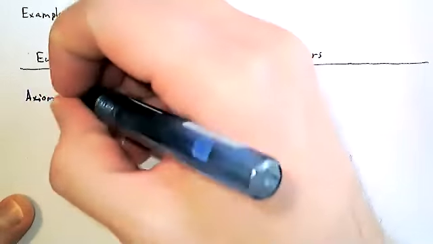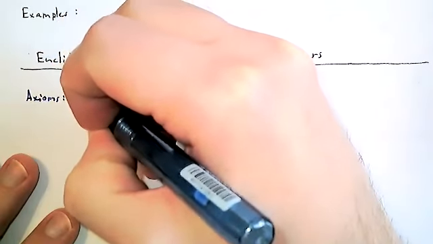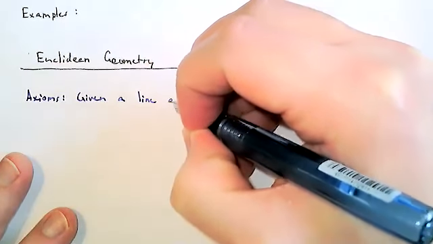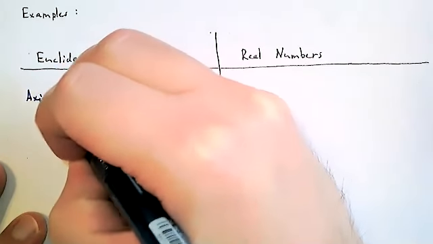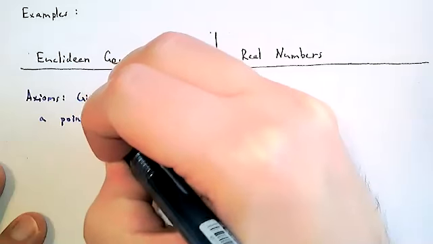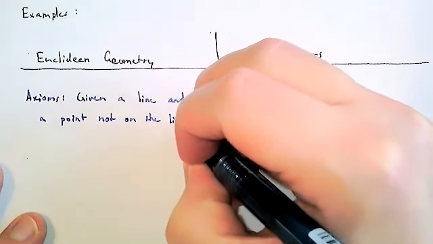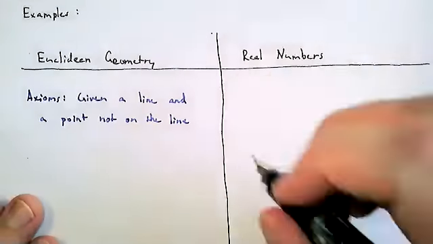Given a line and a point not on the line, then we can create a parallel line.